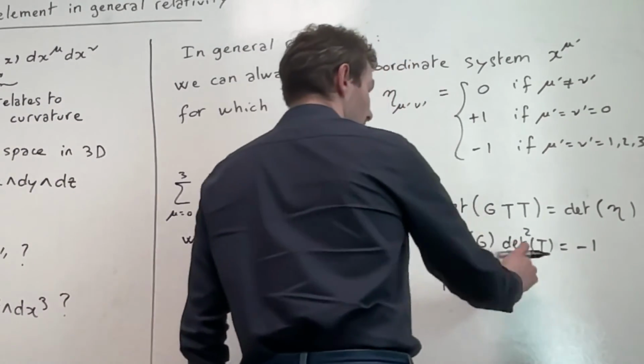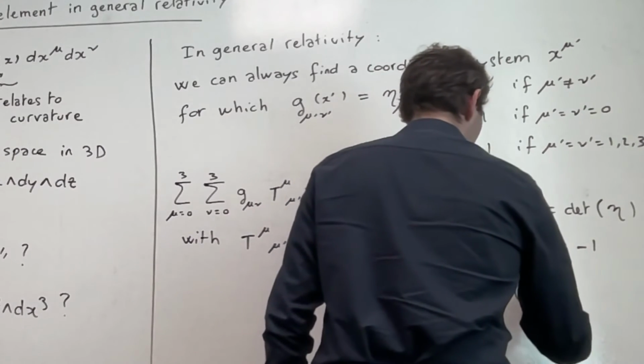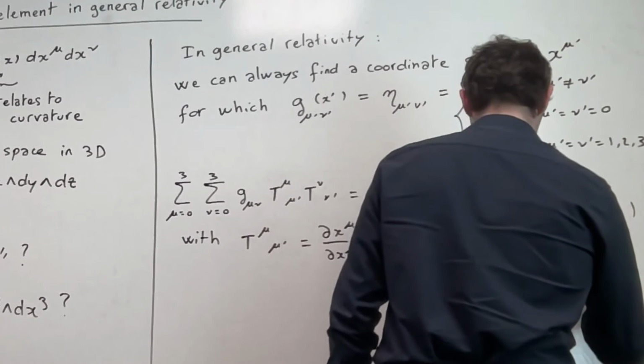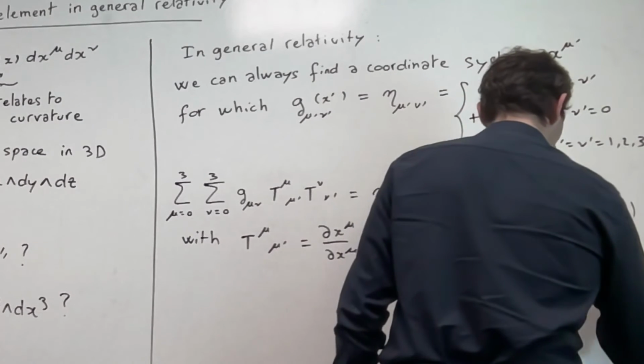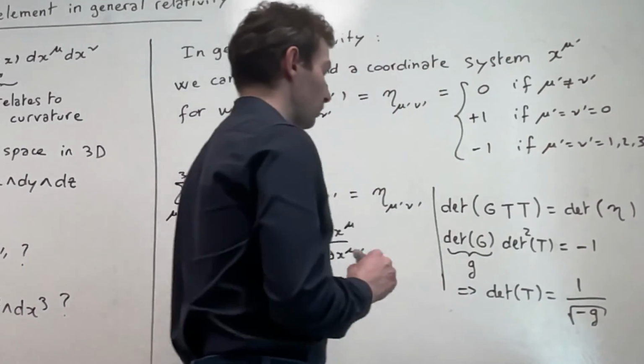And once you're there, therefore, you've got that the determinant of t is equal to 1 divided by the square root of minus g.